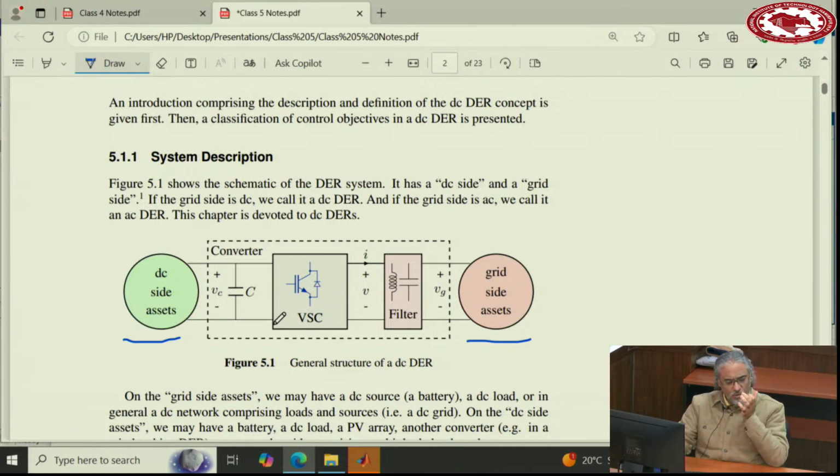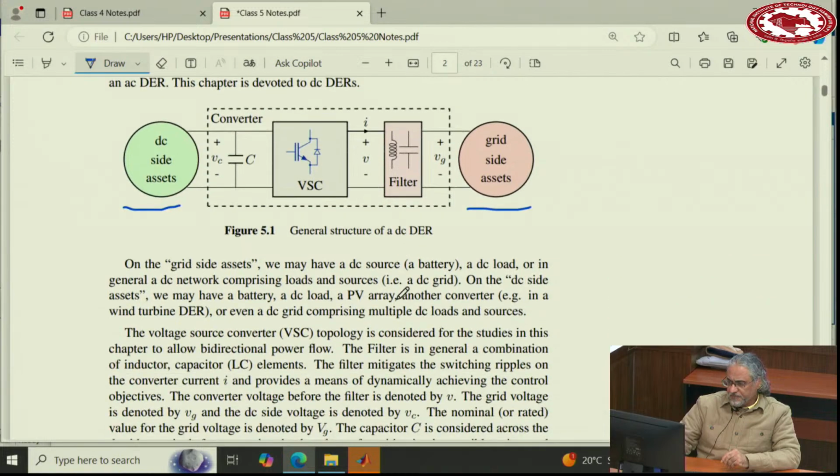In almost all of my simulations I use a full bridge converter with unipolar PWM. We have a capacitor on this side, and a filter on this side.